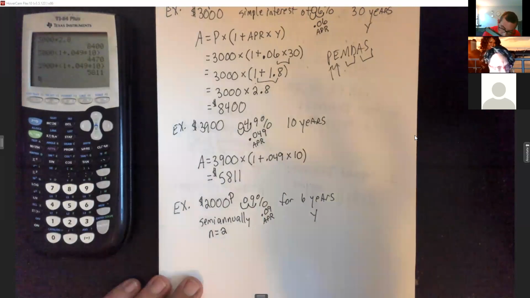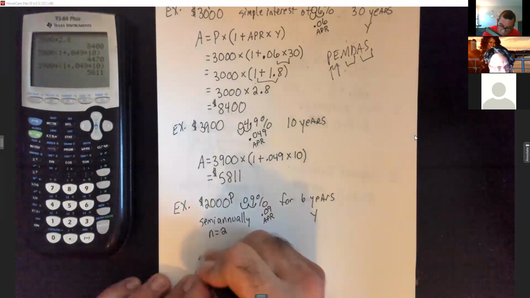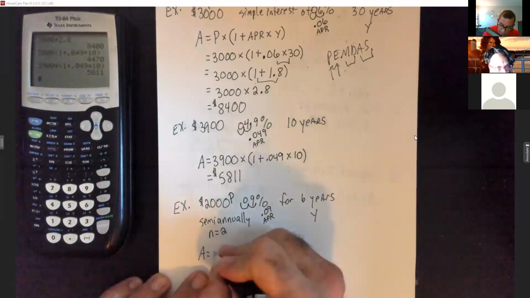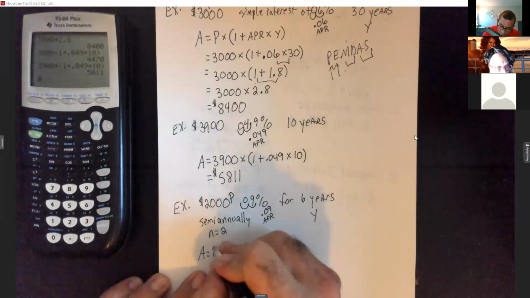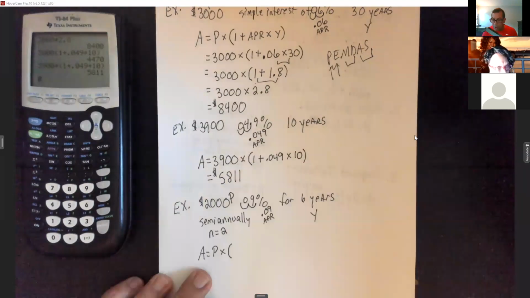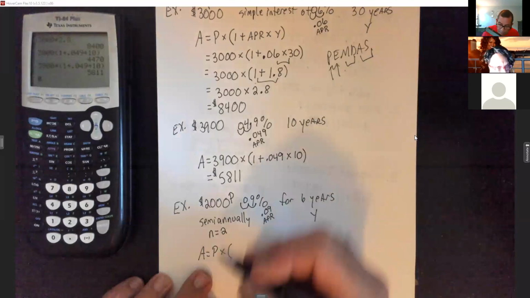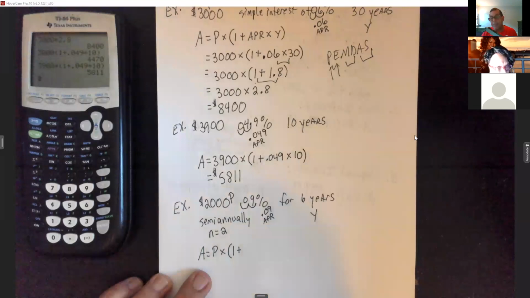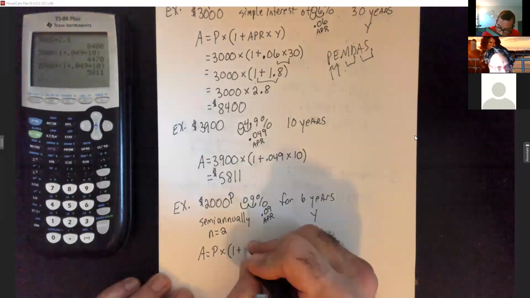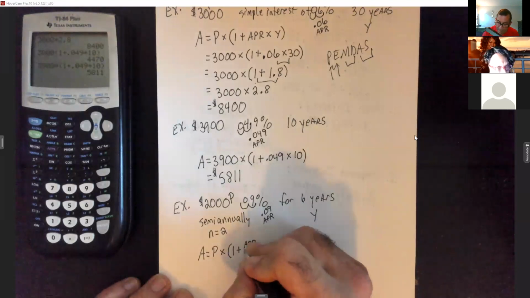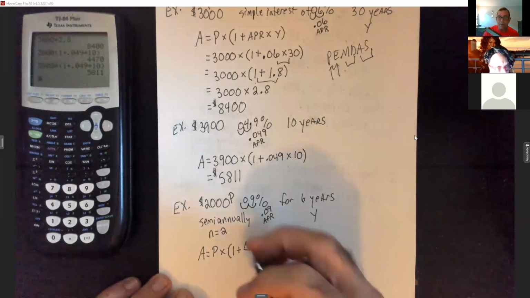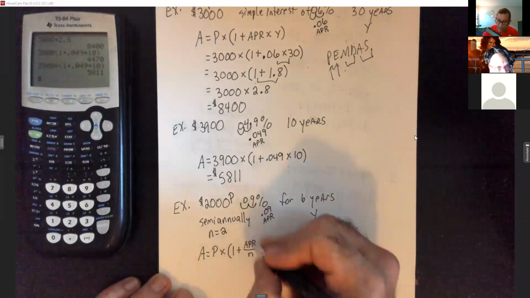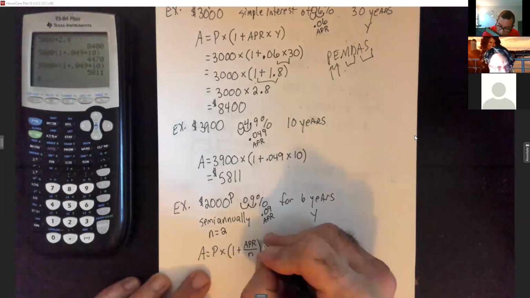All right, y'all, so this formula was A equals P times parentheses. So they both start out the same. They both got a 1 here, plus, now here's the difference. On this formula, we take the APR and divide by N, which is the number of compounds, and then we raise that to the N times Y.